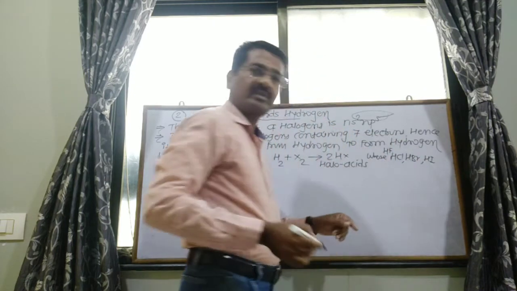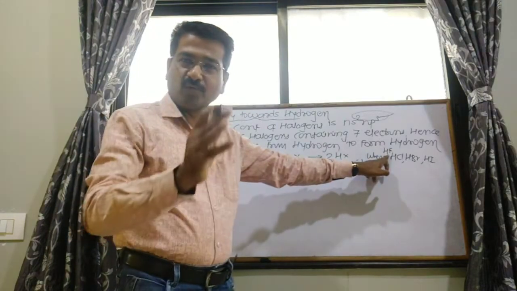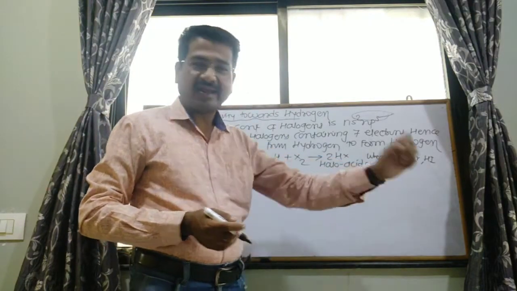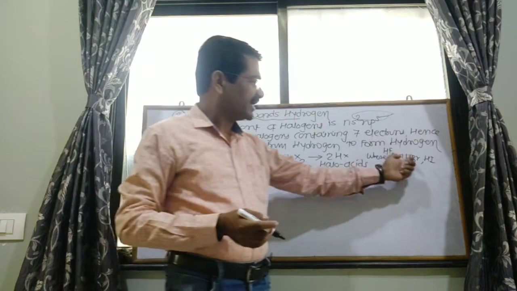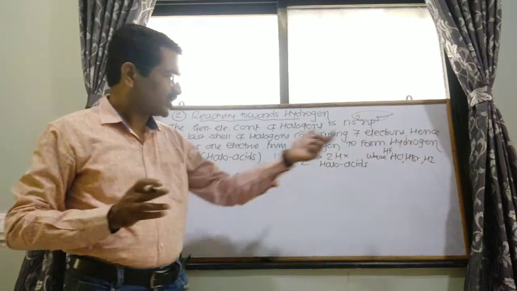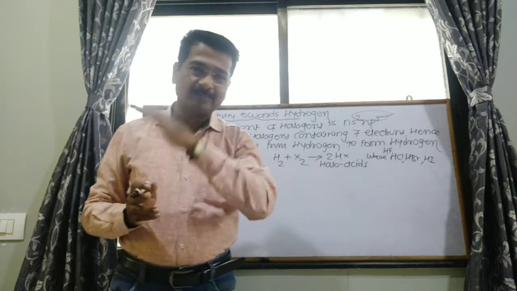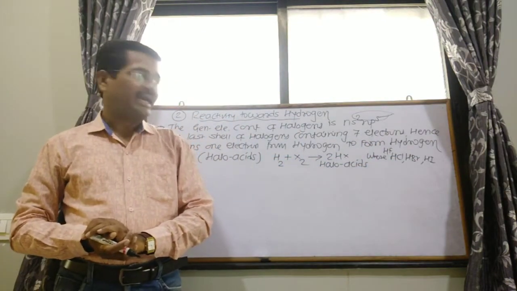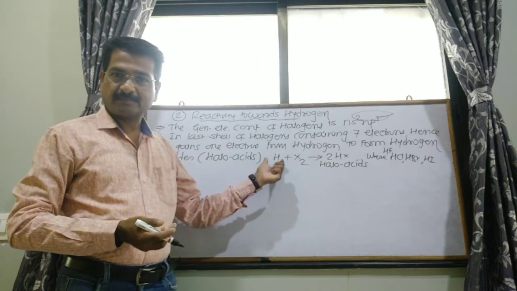HF is hydrofluoric acid, HCl is hydrochloric acid, HBr is hydrobromic acid, and HI is hydroiodic acid. All these haloacids are formed when halogens react with hydrogen.